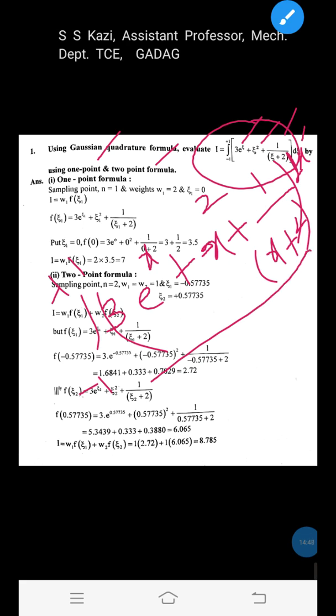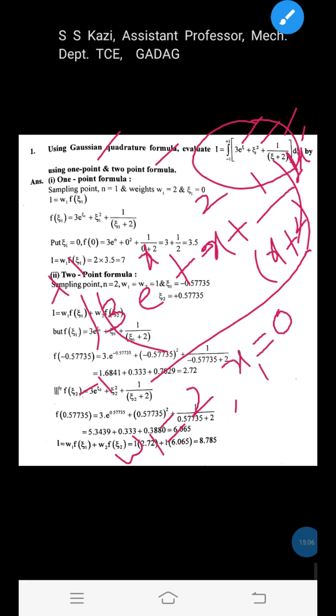But this integral is a one dimensional analysis and the variable is x. Here, what you need to do is, using the 1 point formula, W1 is 2 as the Gaussian weight, and for the Gaussian point you should write x1 is equal to 0.